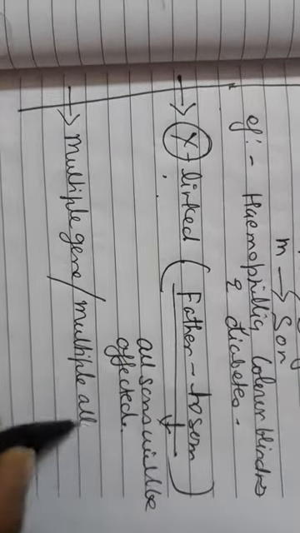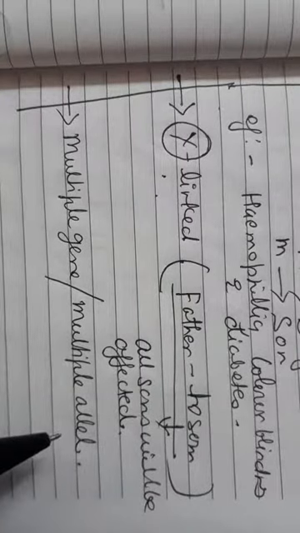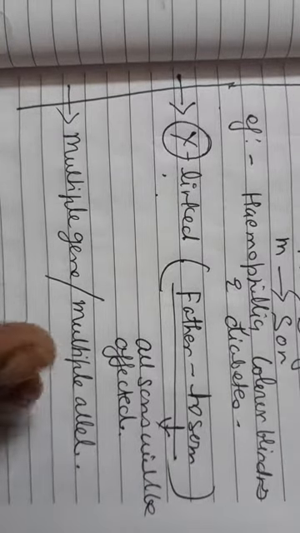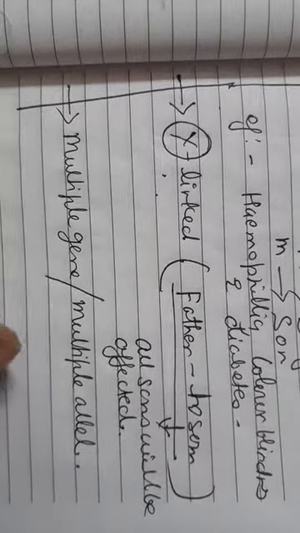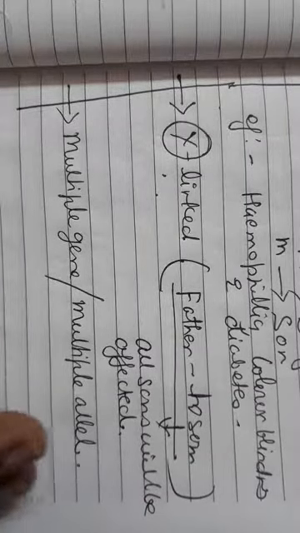Now next, there is one more case which is called multiple genes or multiple alleles. In this case, when more than a pair of genes controls a character, or the character expresses itself in more than one form, they are called multiple genes or multiple alleles.